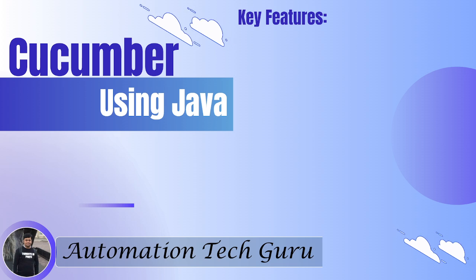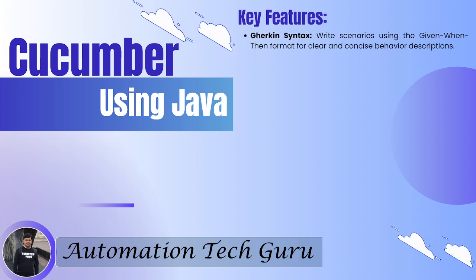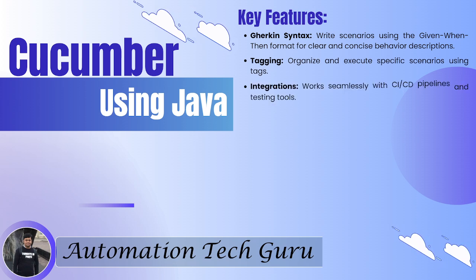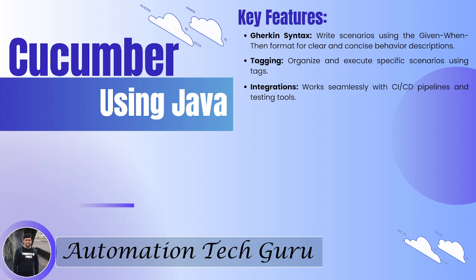Key features: Gherkin syntax. As you know, we can write the scenarios using the given-when-then format for clear and concise behavior descriptions. Tagging: organize and execute specific scenarios using tags. Integrations: works seamlessly with CI/CD pipelines and testing tools.